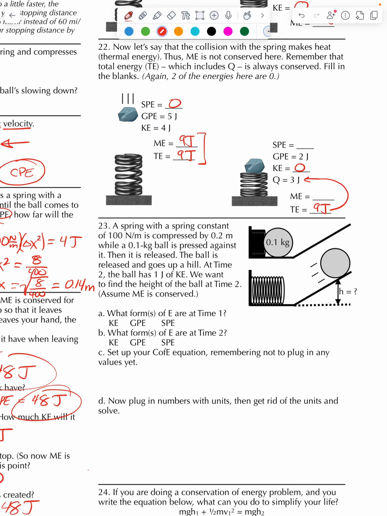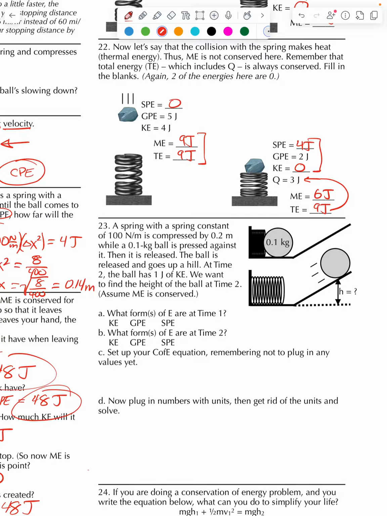Although again, there could be other energies like sound energy or light energy. But for this problem, that total energy is going to be the sum of the heat generated plus the leftover mechanical energy. So the mechanical energy must be 6 joules because 3 joules of that total energy and the original mechanical energy turned into heat. So now we can finish the problem. If the mechanical energy is 6 joules, which are these 3 things together, how big is the SPE? Yep, 4 joules.